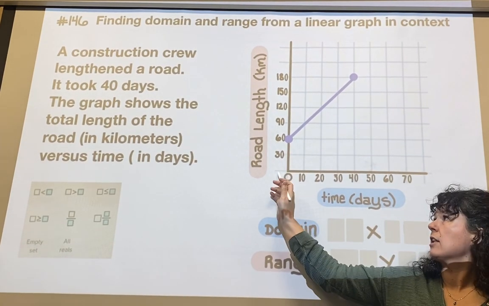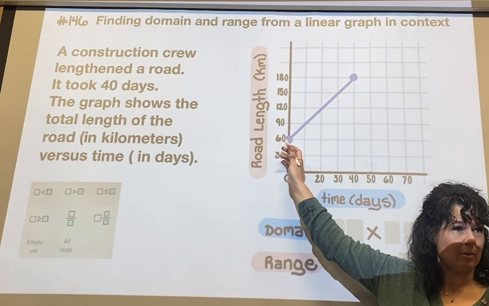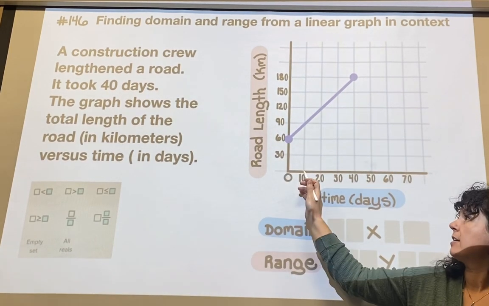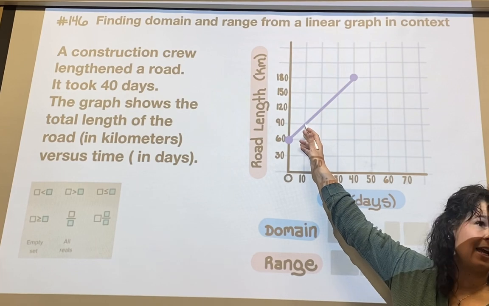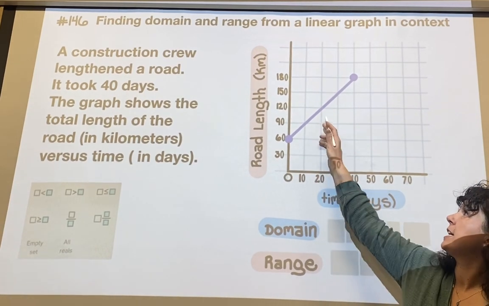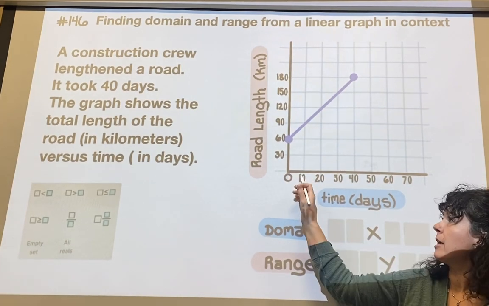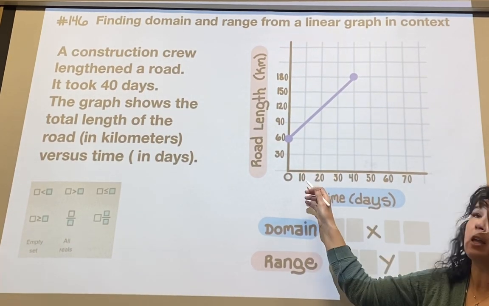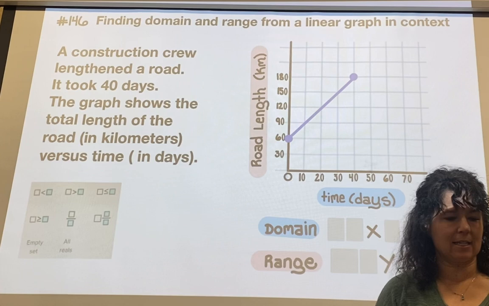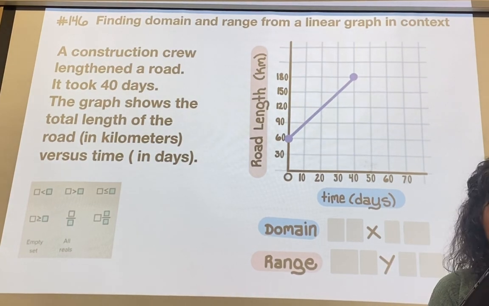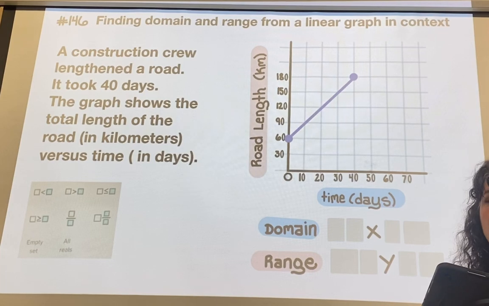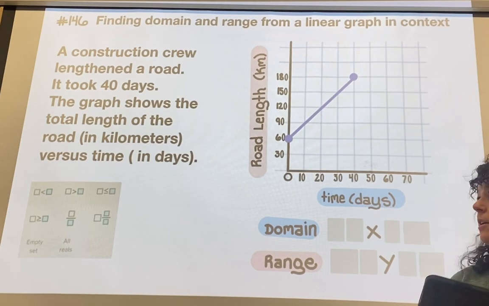You go right or left 0, up 60, right? 0, 60. This is 10, 90. This is 20, 120. We use 0, something. We use 10, something. So what's the smallest the X could be? What do you think?